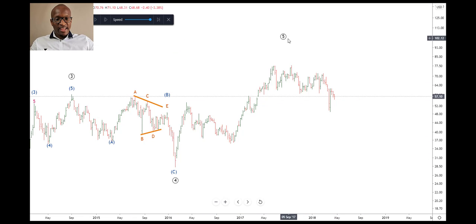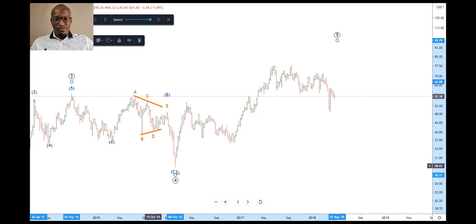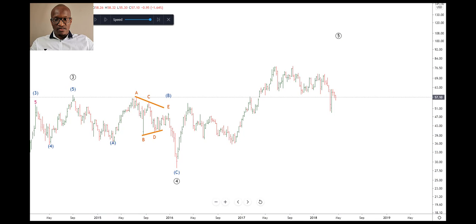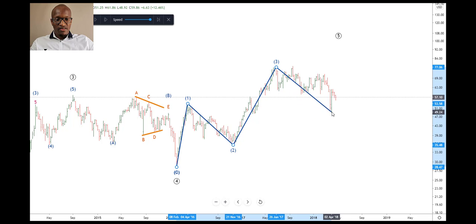So within the ending diagonal, we could start labeling it as 1, 2, 3, 4, and 5.